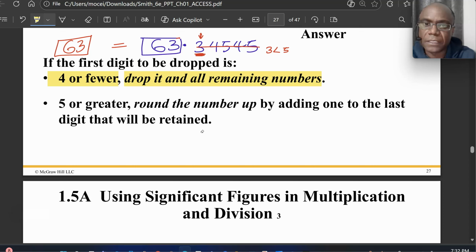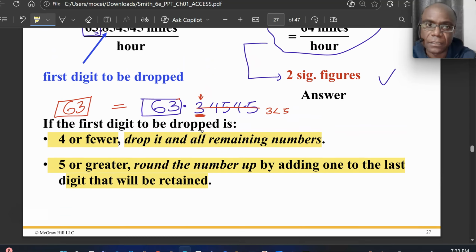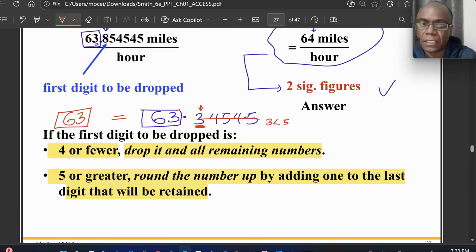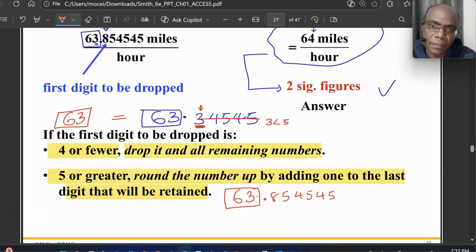If the first digit to be dropped is 5 or greater, round the number up by adding 1 to the last digit that was retained. So that's what we did here. Our number was 63.854545. We wanted to report to 2 significant figures, but we see that 8 is greater than 5, so we upgraded the 3.